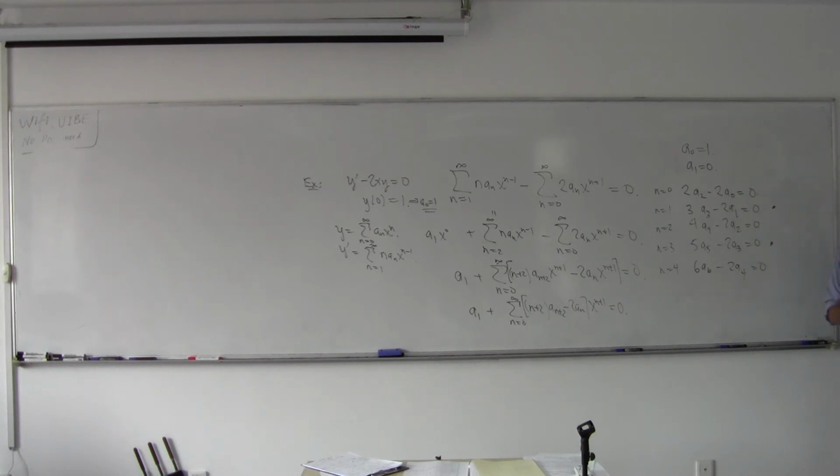They're all 0. One volunteer gets it. They're all 0, because a3 is 2/3 a1, and a5 is 2/5 a3, but a3 is 2/3 a1, and remember what a1 is. a1 is 0. So a3 is 0, a5 is 0, a7 is 0. They're all 0. So all the odd terms are 0.